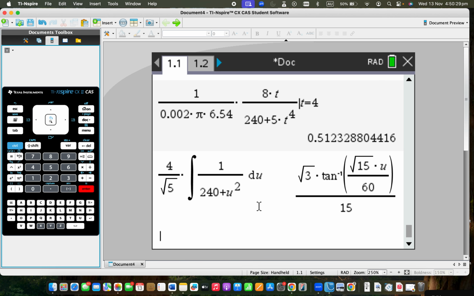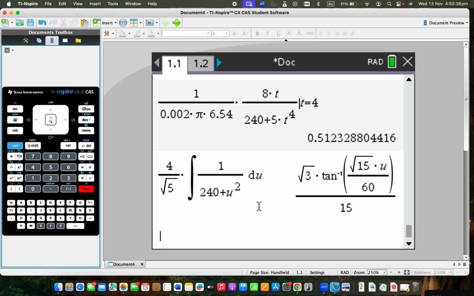And what's u? u is root 5 t squared. And this can make root 3 on the denominator. Now it should be plus c, and then I think the constant will be 0. The initial volume is 0, and if you plug 0 in here, it's 0. Yeah, I think that's right, and that b is the same.